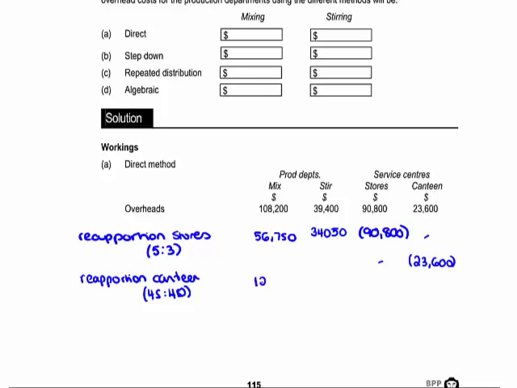So to the nearest dollar, that's 12,494, and to the stirring department, 11,106. So I end up with nothing in my service departments, which is the objective of the exercise, and 177,444 for mixing, and 84,556 for stirring.